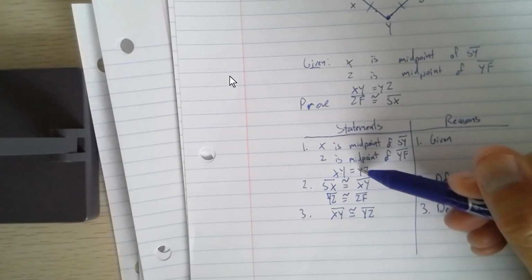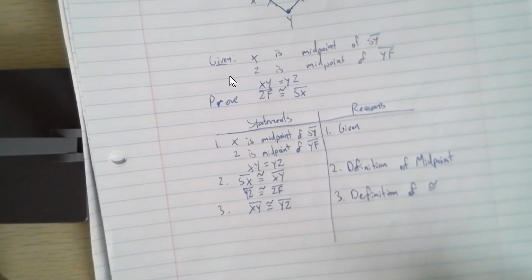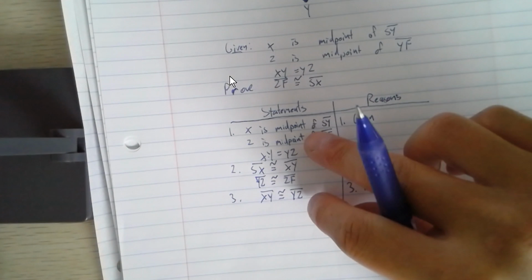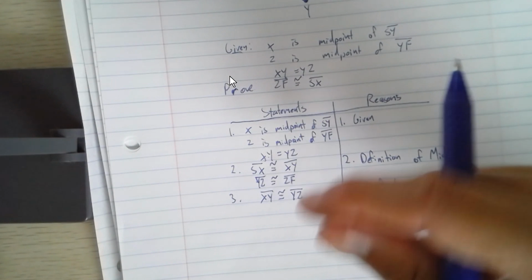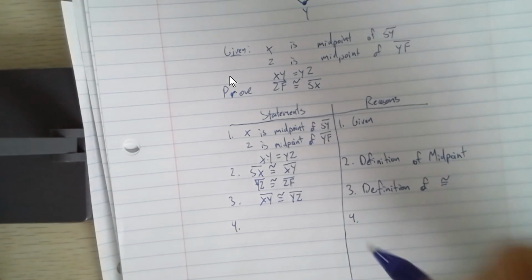I don't necessarily agree with that, but for the sake of keeping consistent with your book, we are going to say that. I just wish this problem was set up to be flipped around, where the given statement was that XY is congruent to YZ. But we are going off of your book, so it is consistent with what you're doing in your problems. Please always keep that in mind.